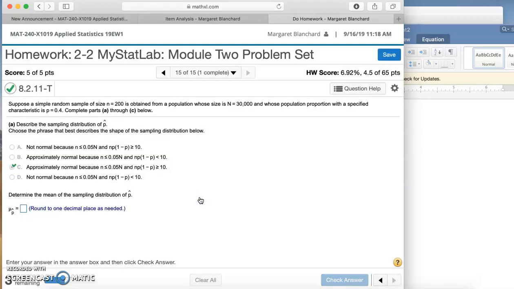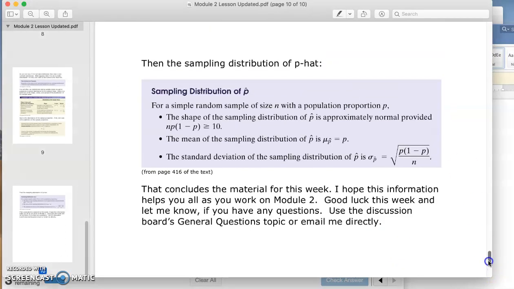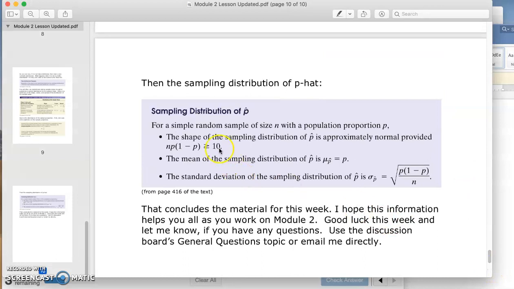So determine the mean and the standard deviation of the sampling distribution of p hat. Again, from our lesson this week, here I'll even show you right here, our sampling distribution of p hat, we know that the mean of p hat is p, and sigma p hat, or the standard deviation of p hat, is the square root of p times 1 minus p, all divided by n.